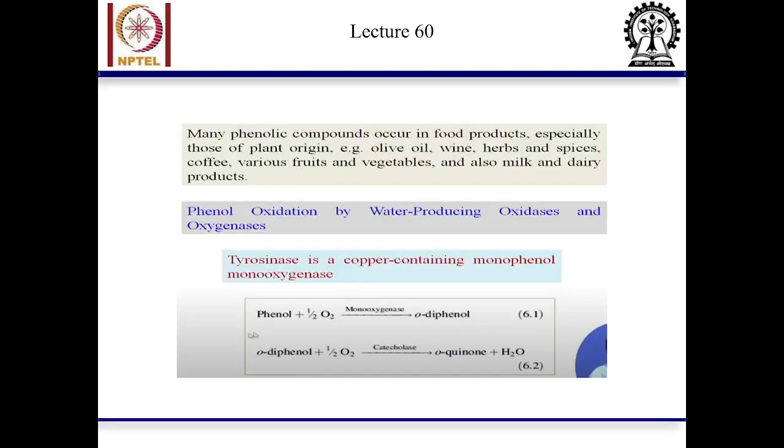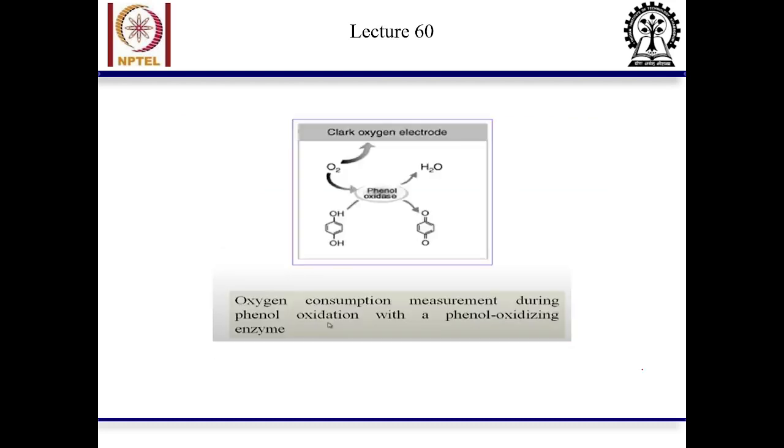So the first thing is that the phenol goes to ortho-diphenol via monooxygenase, and then ortho-diphenol via catecholase goes to ortho-quinone. Here one thing is wrong, sorry, this is wrong here. This should be like this. Okay.